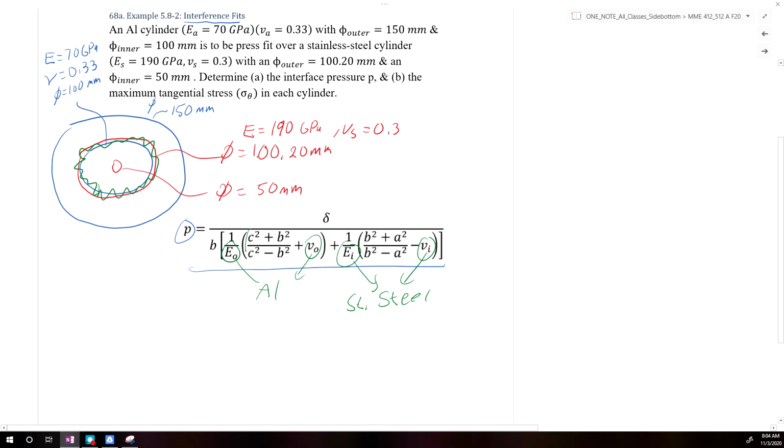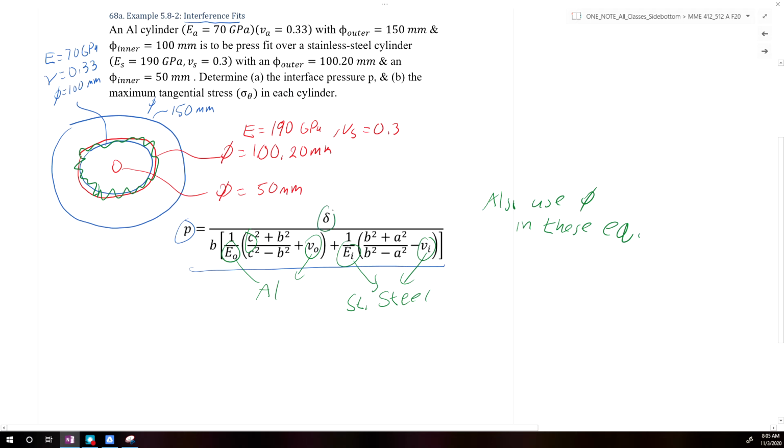These are inner and outer radiuses, but you can also use diameter in these equations. You can use diameter or you can use radius, but do not use both in the same equation. So we have the inner and outer diameter for steel and for aluminum.